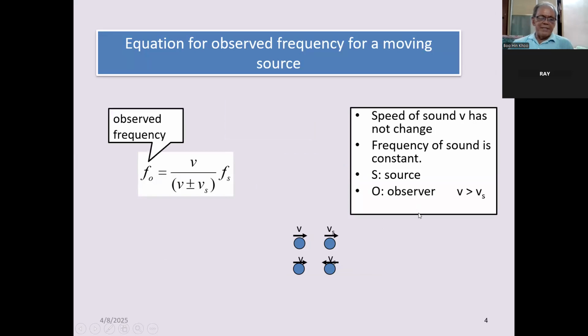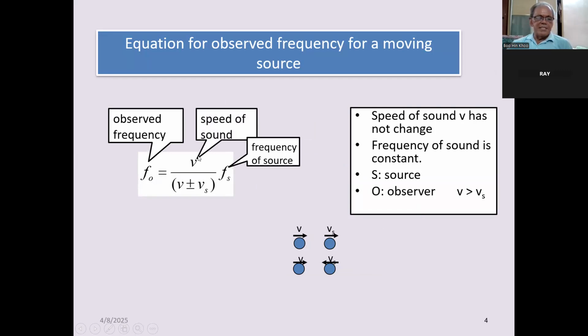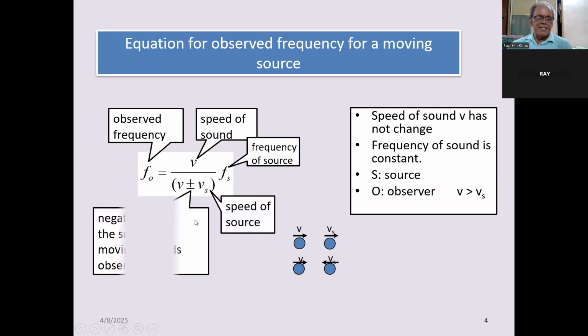For the Doppler effect, this is the formula that is given. Know what this is? The speed of sound, frequency of the source, speed of the source. S is for source, and you choose negative when the source is moving towards the observer.